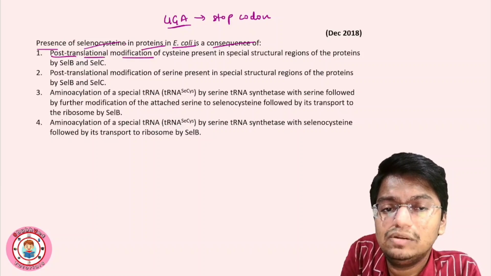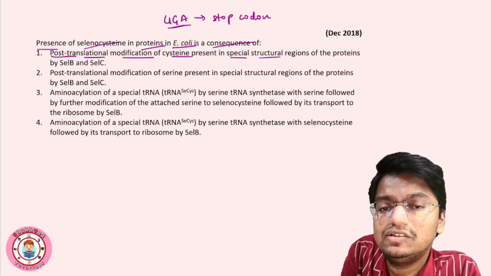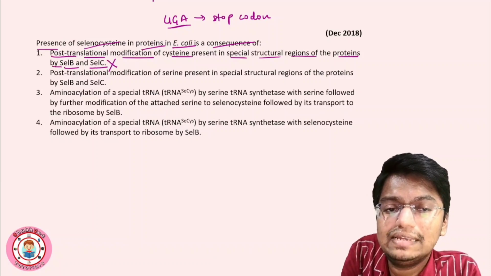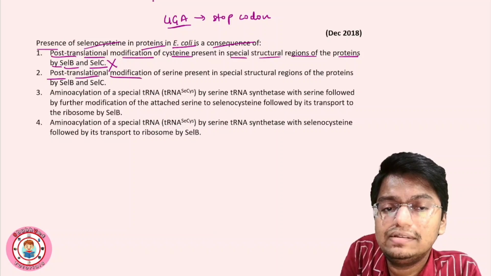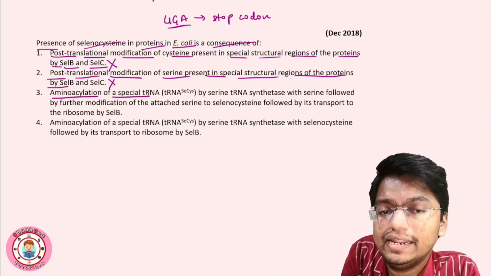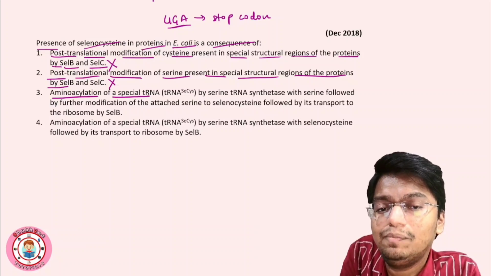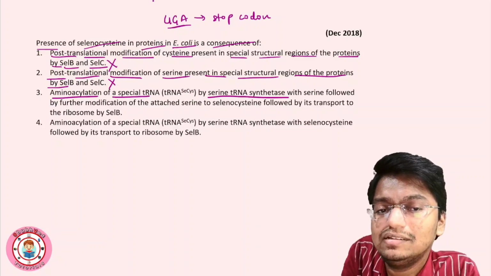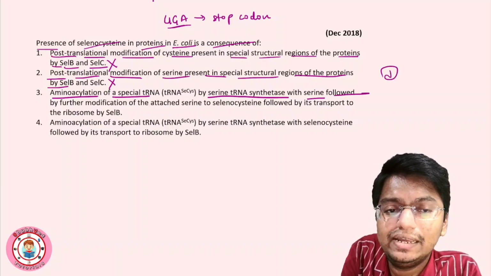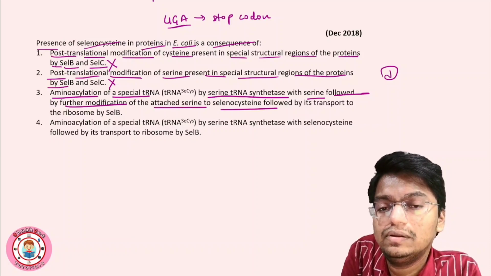Post translational modification of cysteine present in special structural region of the proteins by cell B and cell C, no. Post translational modification of serine present in special structural region of the protein by cell B and cell C, no. Amino acylation of a special tRNA selenocysteine by serine tRNA synthetase with serine. Okay, first serine is added, followed by further modification of the attached serine to selenocysteine, right.